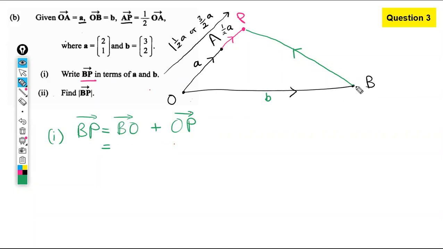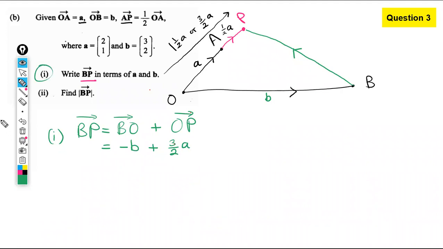So when I'm walking from B to O, the positive b changes to minus b. And when we're walking from O to P, we do not have to change the signs because we're going in the direction of the arrow. So OP is 1.5a or 3 on 2 a. I chose to put the improper fraction. And that's the answer for part 1.